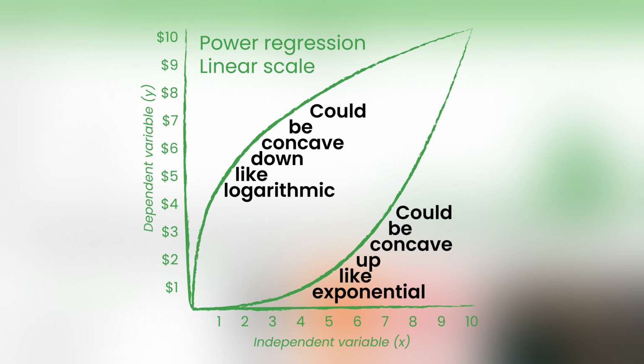Exponential regressions will pretty much always grow concave up, that is, slower at the beginning and faster at the end. And as I mentioned in the video with gold, power regressions, depending on how the data shakes out, could do either as they look on a linear scale.